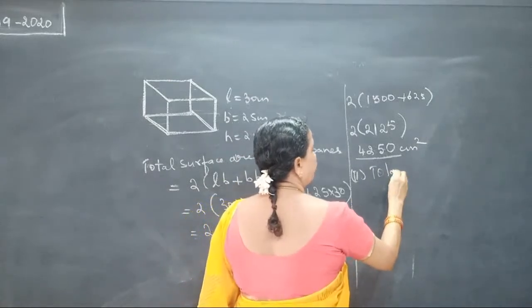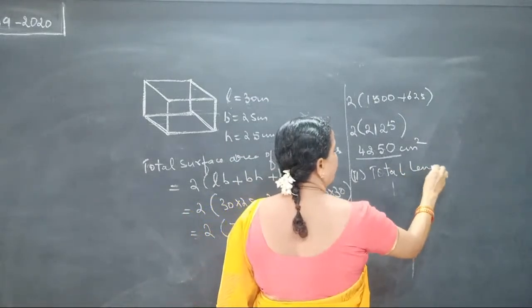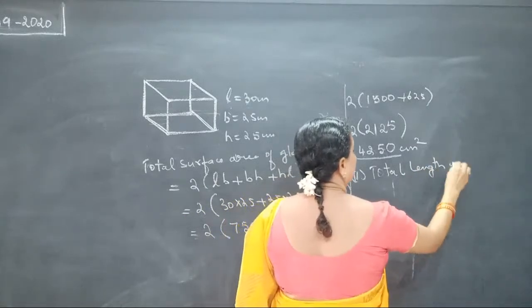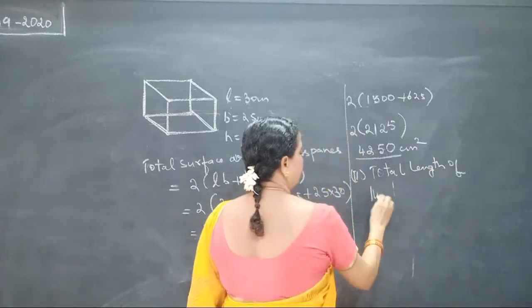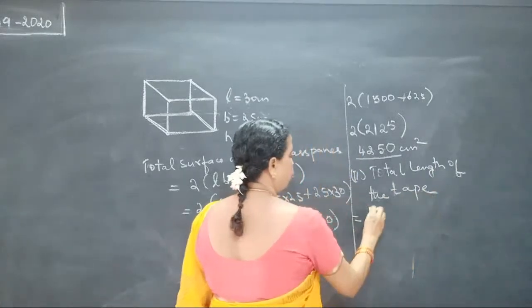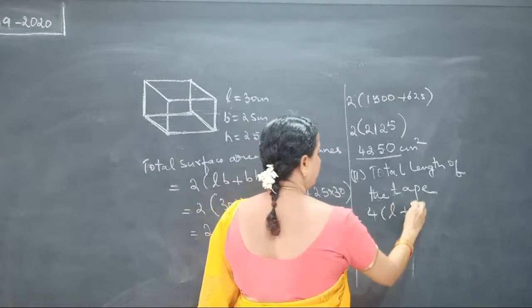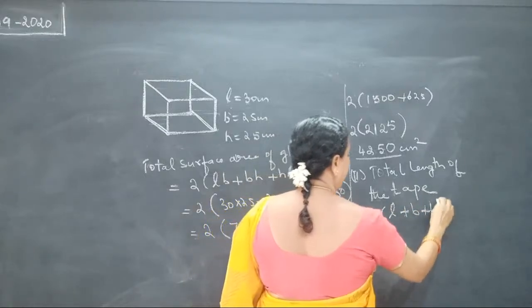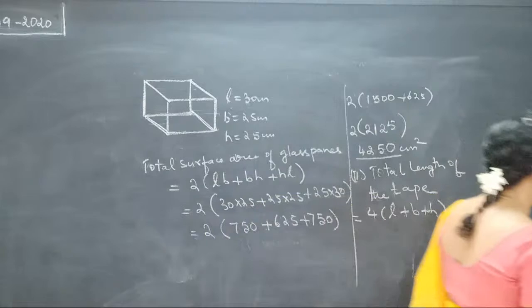Total length of the tape equals 4 into (L plus B plus H). Come on, calculate.